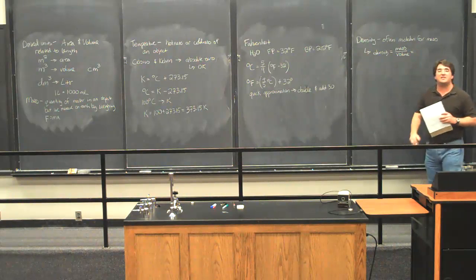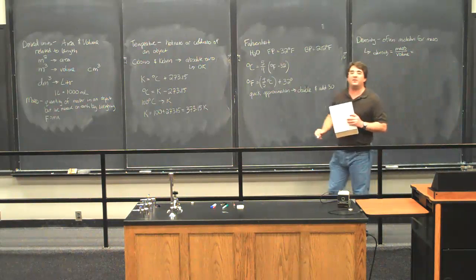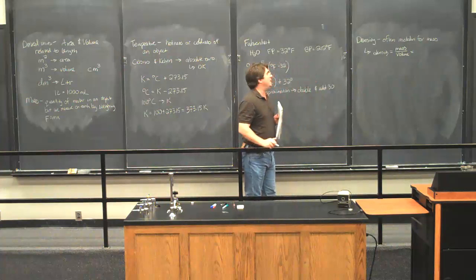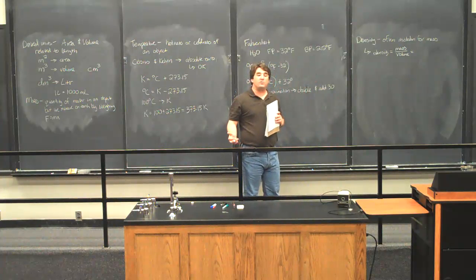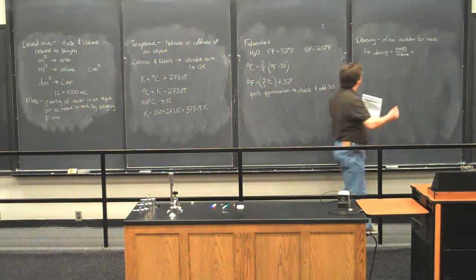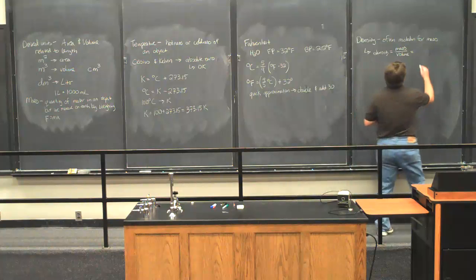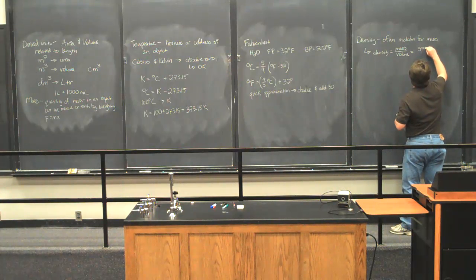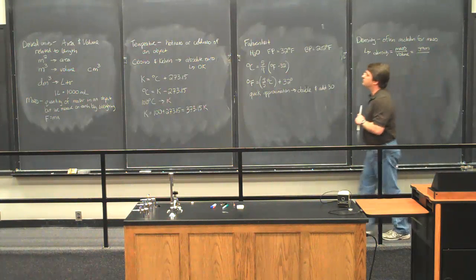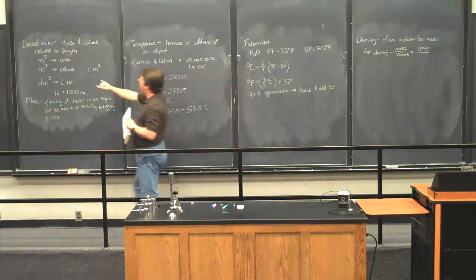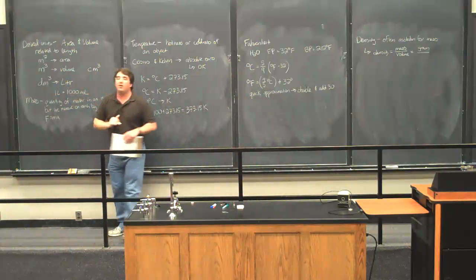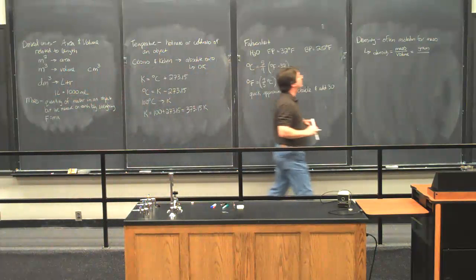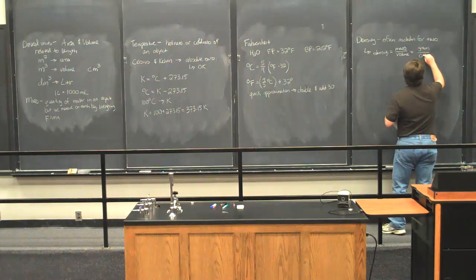So if density is mass over volume, what do you think the units of density will be? What are our units for mass? Kilogram, oftentimes in chemistry just a gram. And how about volume? Could be a meter cubed, could be a liter. Oftentimes for density we use cubic centimeters for volume.